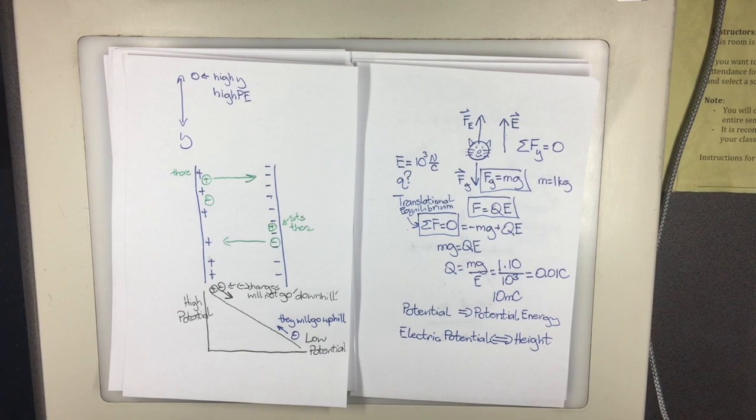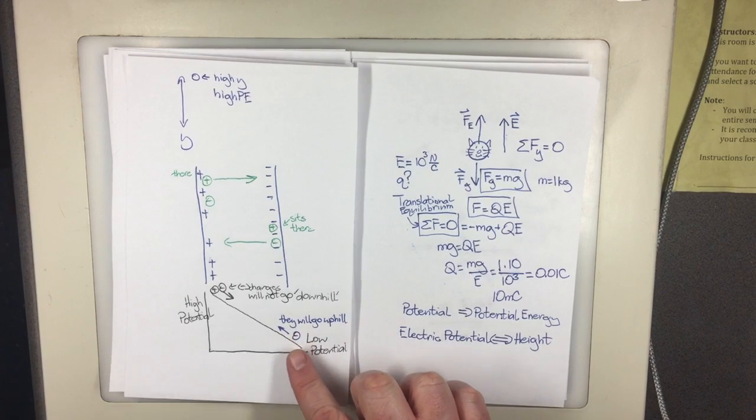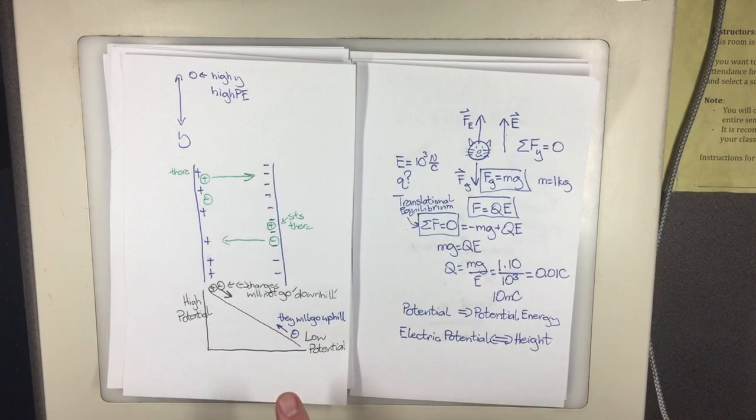Negative charge is like anti-mass, mass that acts in the opposite direction of gravity. It's like if you had a mass at the bottom of the hill and you just let it go and it rolled uphill, that would freak you out. But a negative charge will move to higher potential naturally. It just acts in the opposite direction that a positive charge would behave.